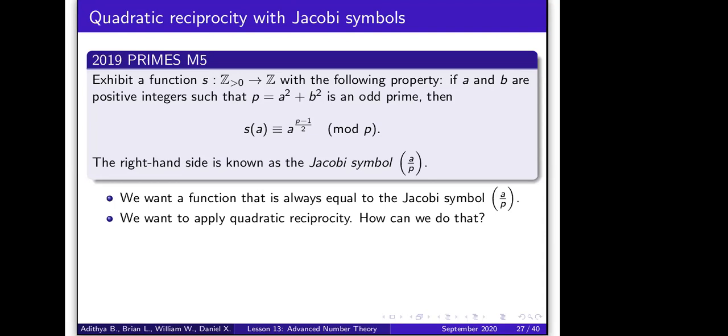So try to think about the Jacobi form of quadratic reciprocity. So we want to apply it for odd positive integers m and n. So is there some way that we can make A odd?